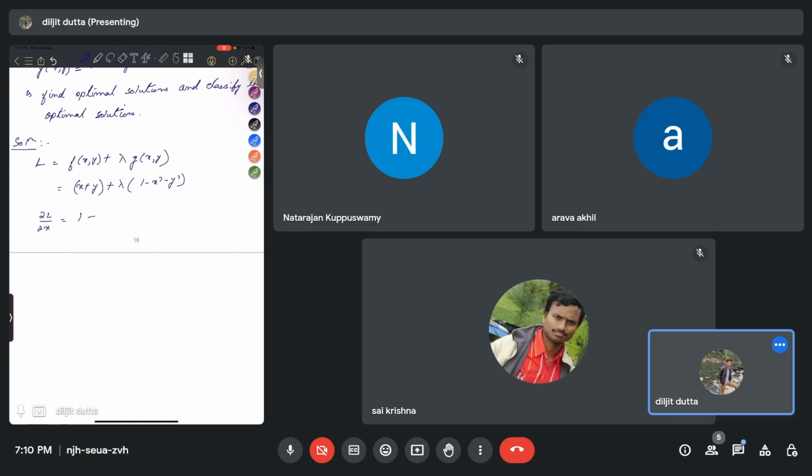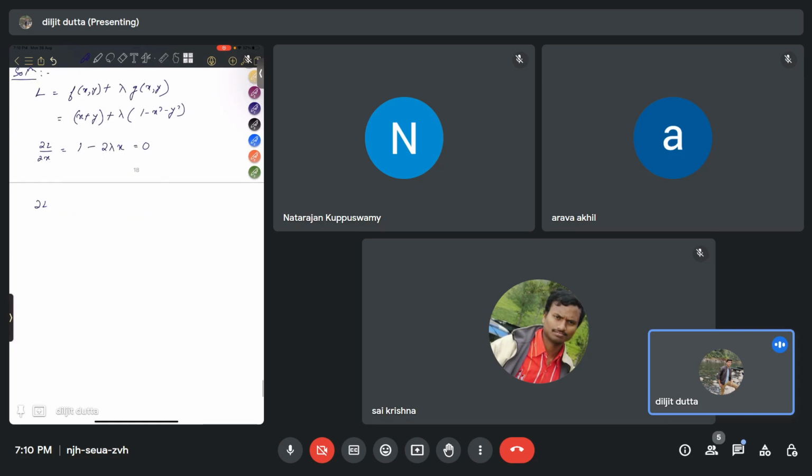We'll get 1 minus 2 lambda x equals 0. And second is del L by del y equals 1 minus 2 lambda y equals 0, and third is del L by del lambda equals x square plus y square equals 1.